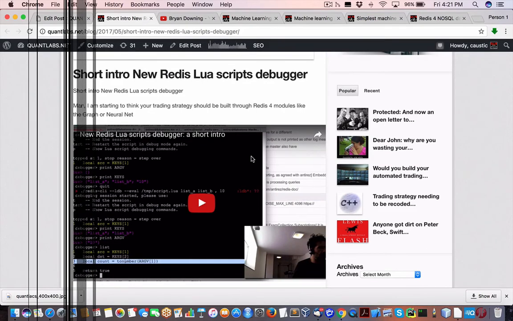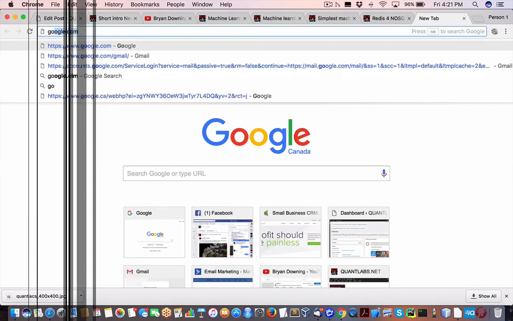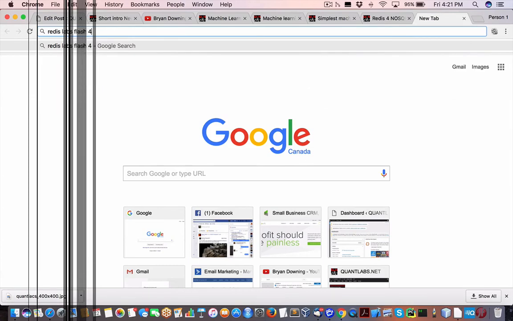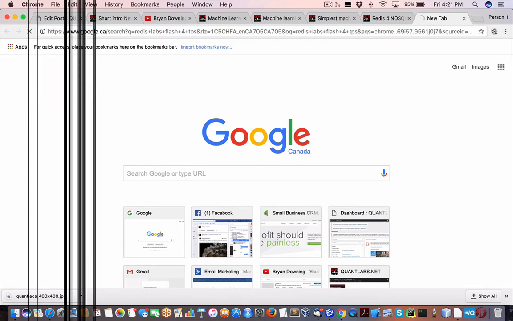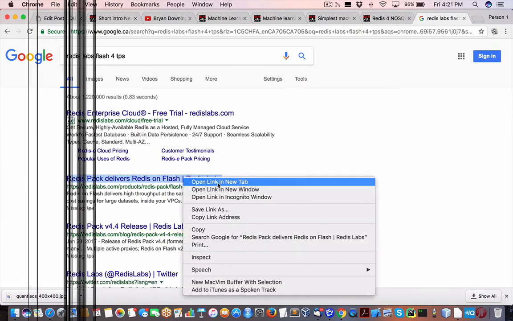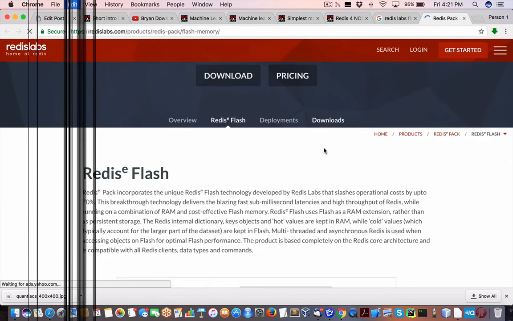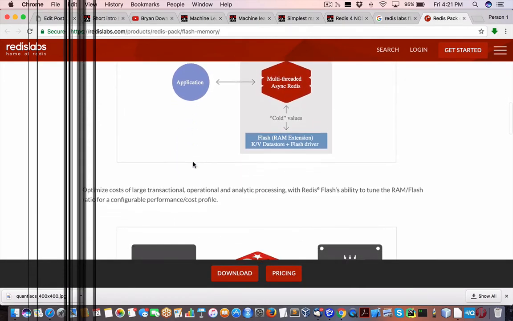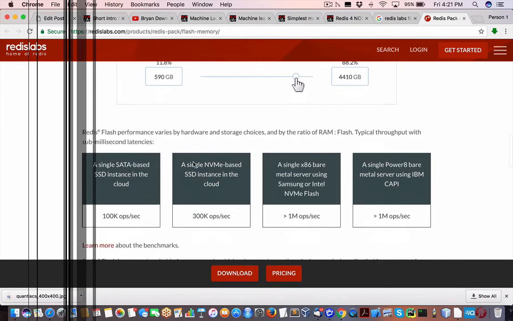So with that in mind, I'll give you an example of some of the performance on Redis Labs. If you go to Redis Labs, I don't know exactly where, but search for Redis Labs flash for TPS, which is transactions per second, you will probably find some better examples of it, and the performance is supposed to be really, really fast.